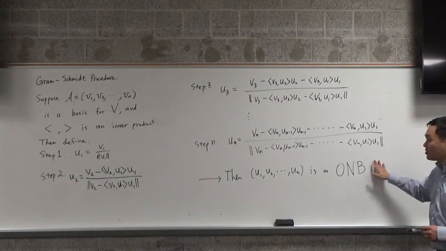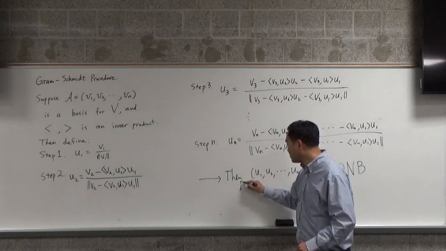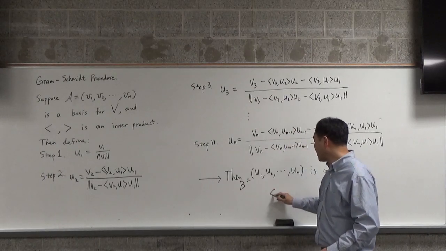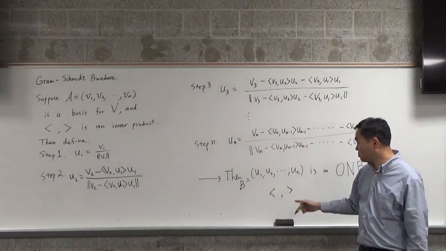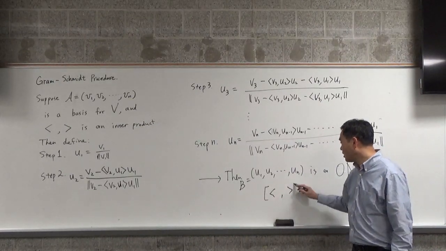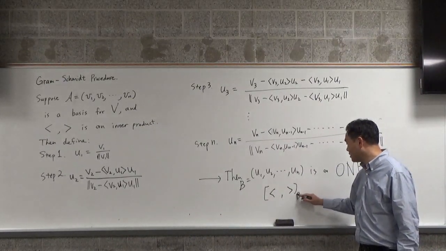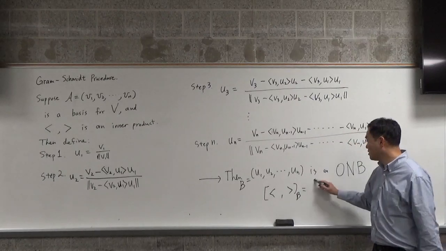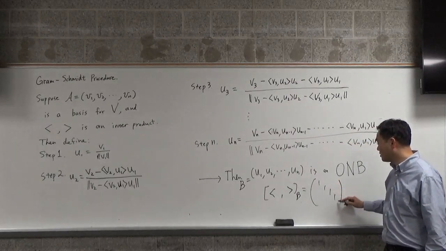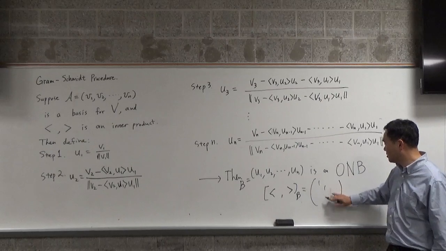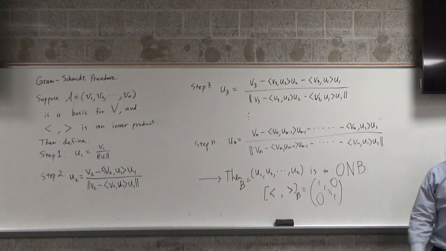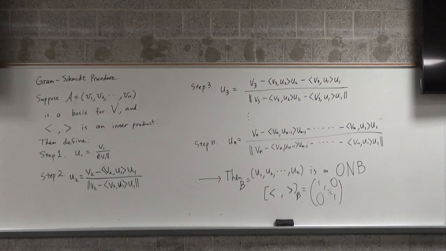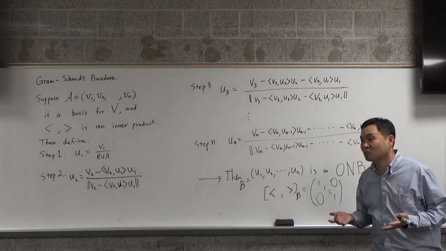And the nice thing about this is if we call this basis B, then your original inner product that was used to build this basis would look like the identity matrix under this basis B, with 0 everywhere else. So under this basis, the inner product looks like the usual dot product, and it simplifies so many things.